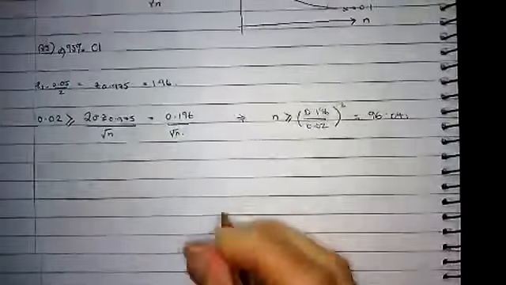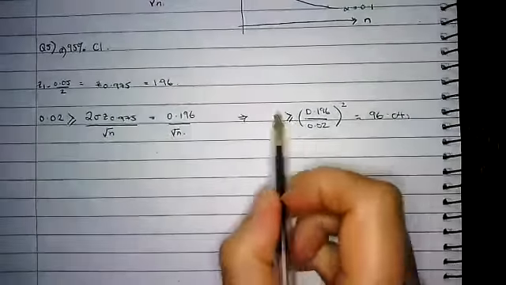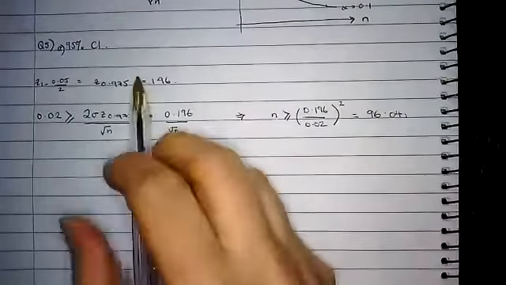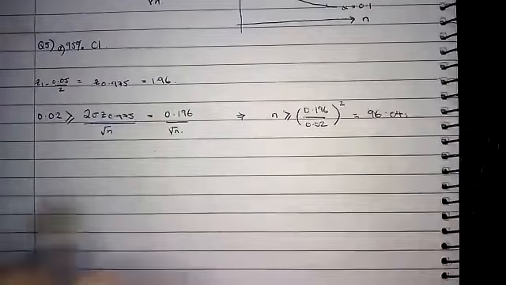So this experimenter wants to take n such that this is the case in order to get the confidence interval the size that she wants.